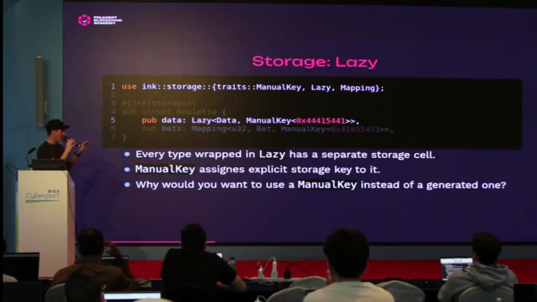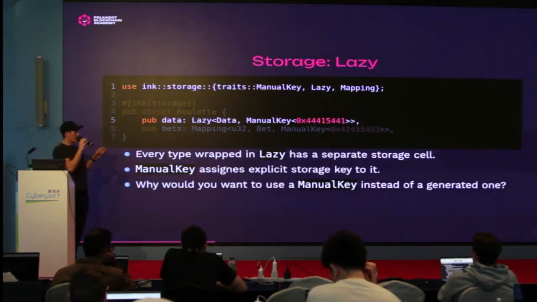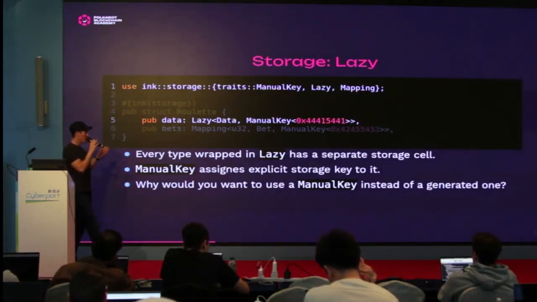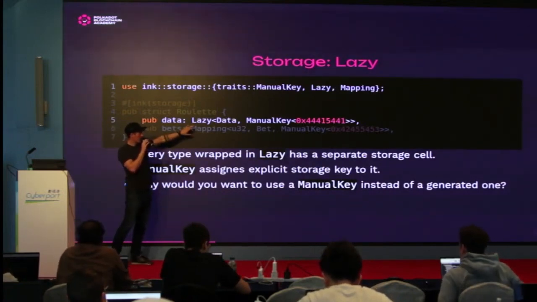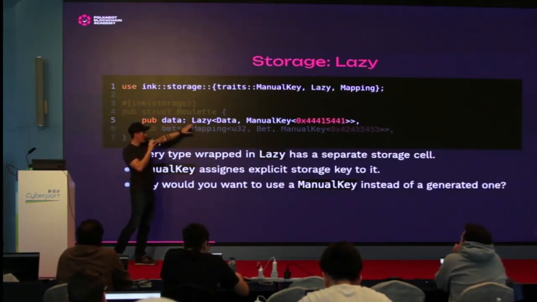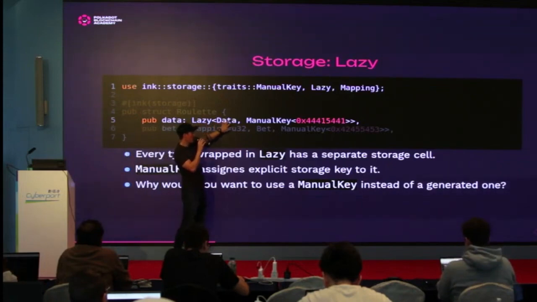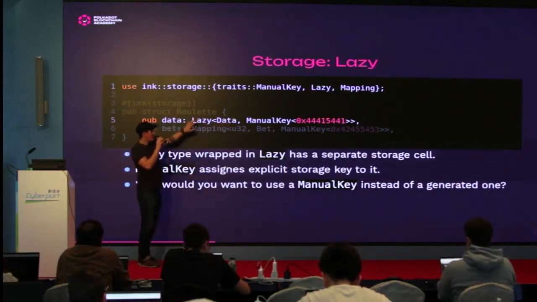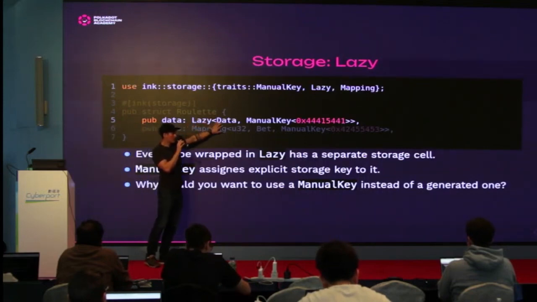It's a bit of a misnomer, because lazy is not like whatever is lazy is initialized on first read. It's lazy because when you first read it, you just get a reference, so you do not decode the data. Lazy just wraps some type that you define yourself.